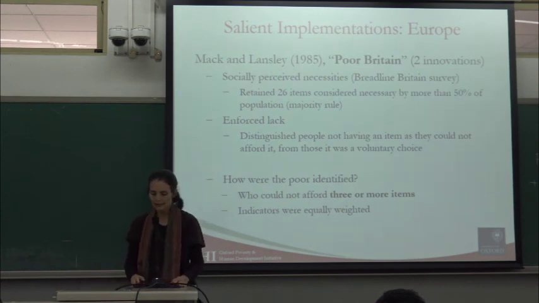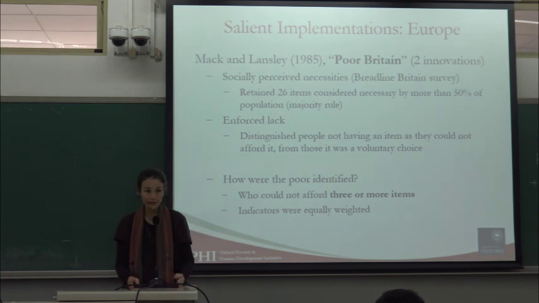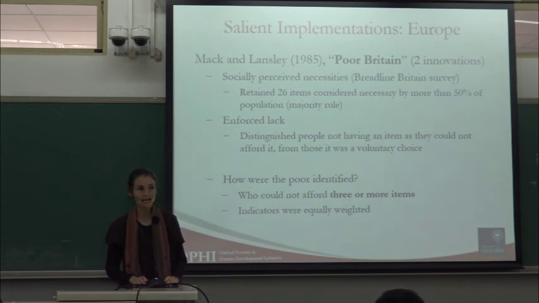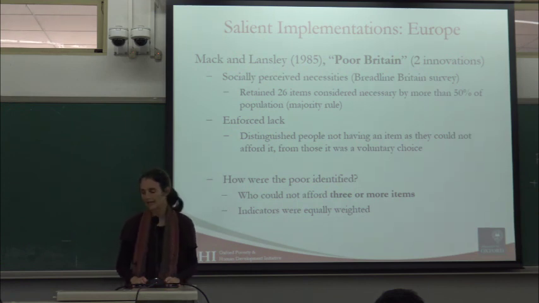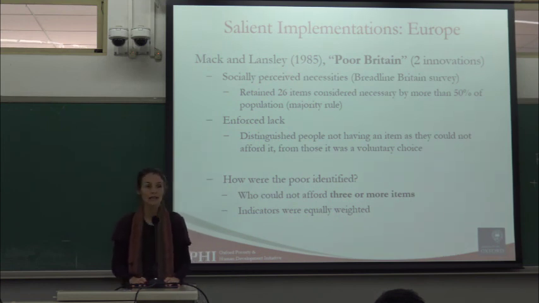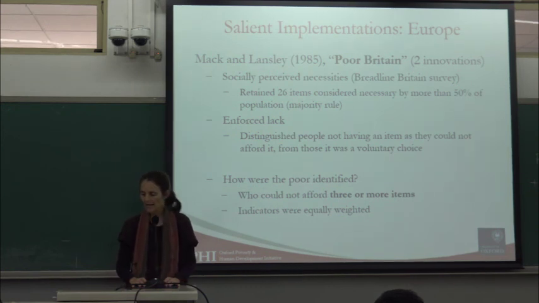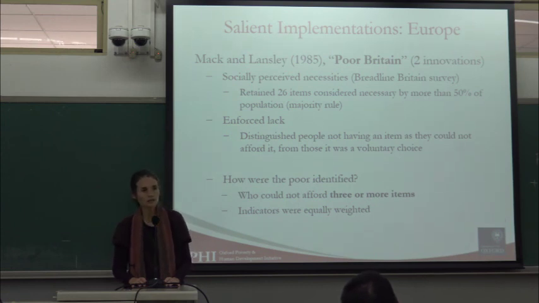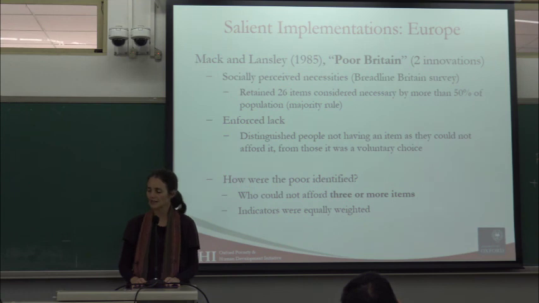In the 1980s, there was a woman called Margaret Thatcher who said that there was no poverty in Britain. And so Mack, who was a journalist, Joanna Mack, and Lansley decided to test her assumption. And they created a Breadline Britain survey. And they asked people which items they considered necessary for British people at the time.